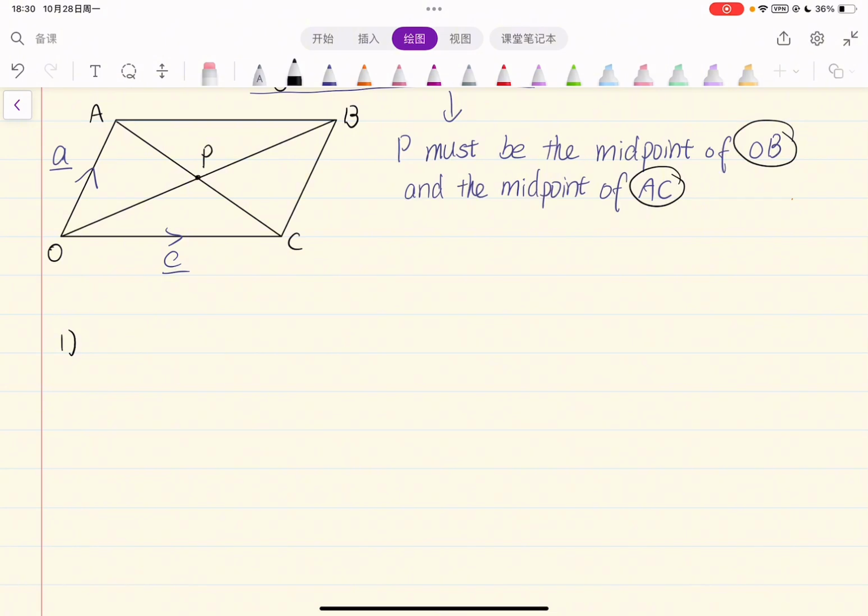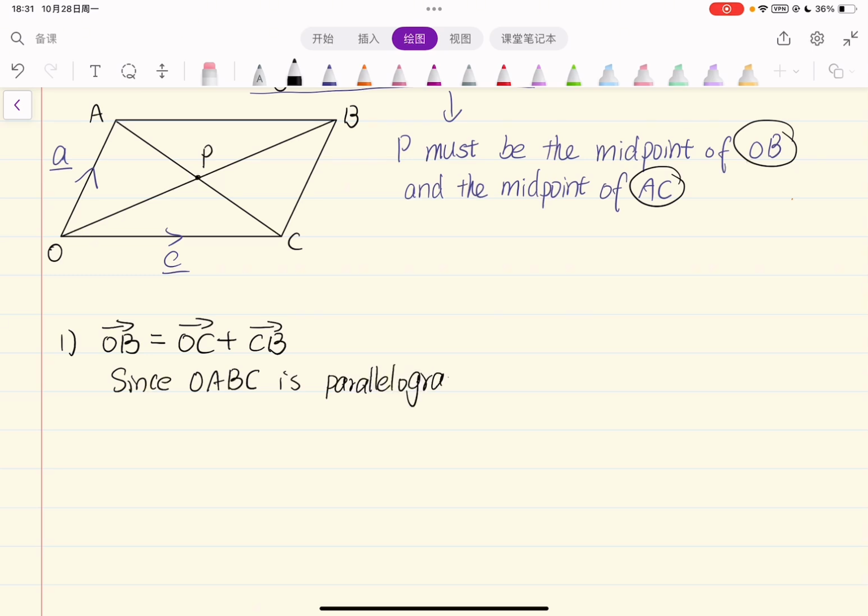In the diagram, you can see that the vector OB equals the vector OC plus the vector CB. And since OABC is a parallelogram, the vector CB equals the vector OA.